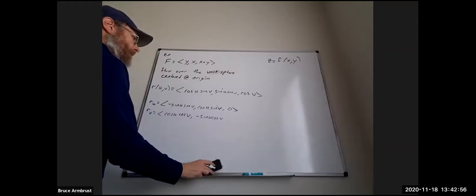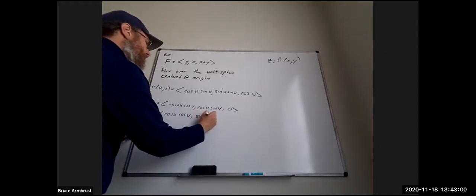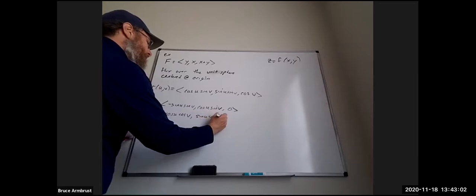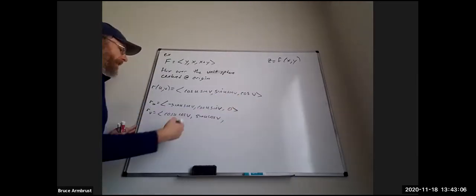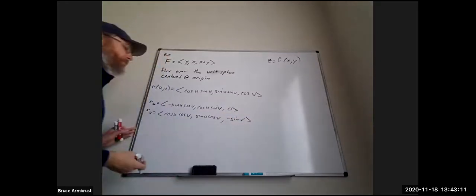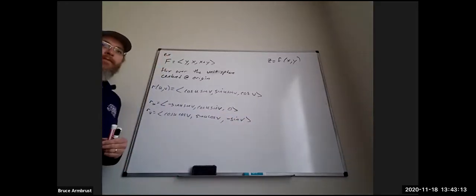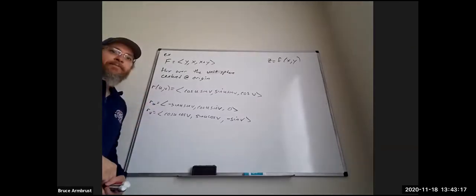Oh, no, I lied. That one's just sine u cosine v. And then the last one is minus sine v. Okay, so there's our r_u and our r_v.